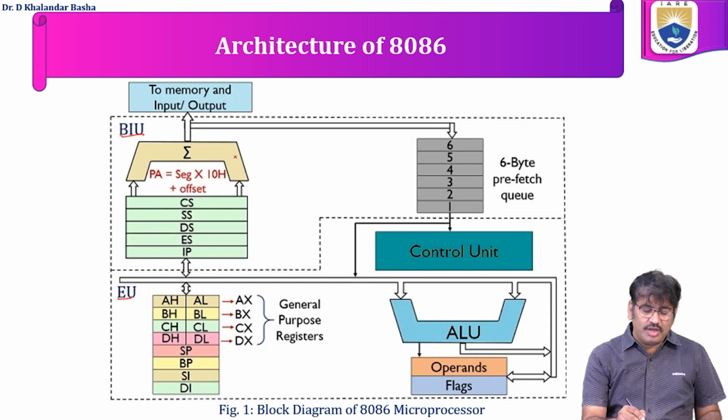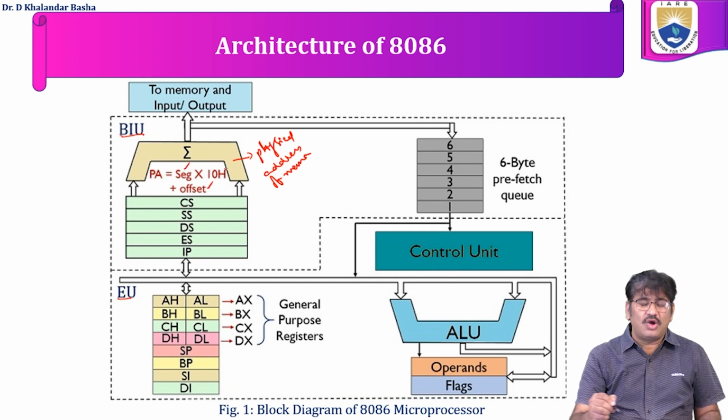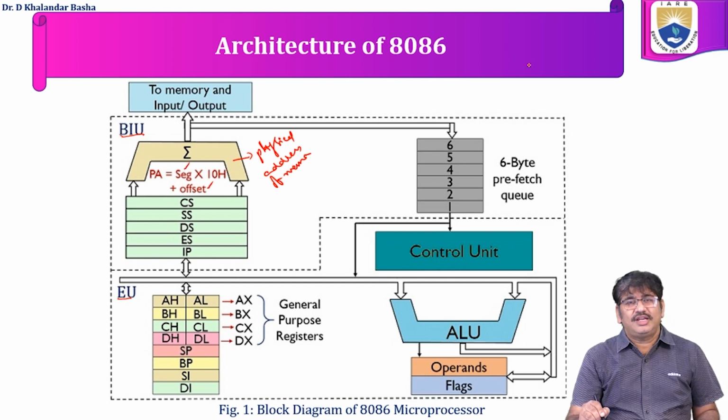This block is used for generation of the physical address of memory by using the segment register address and the offset value. For generation of the physical address, the formula is segment register address multiplied by 10H plus the offset value.